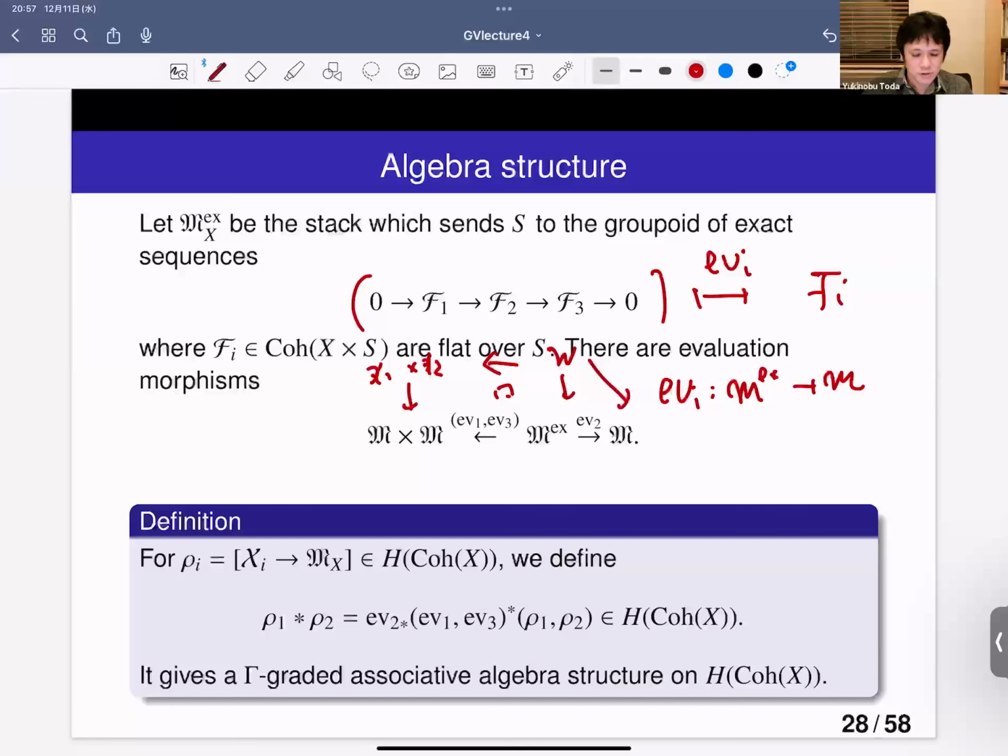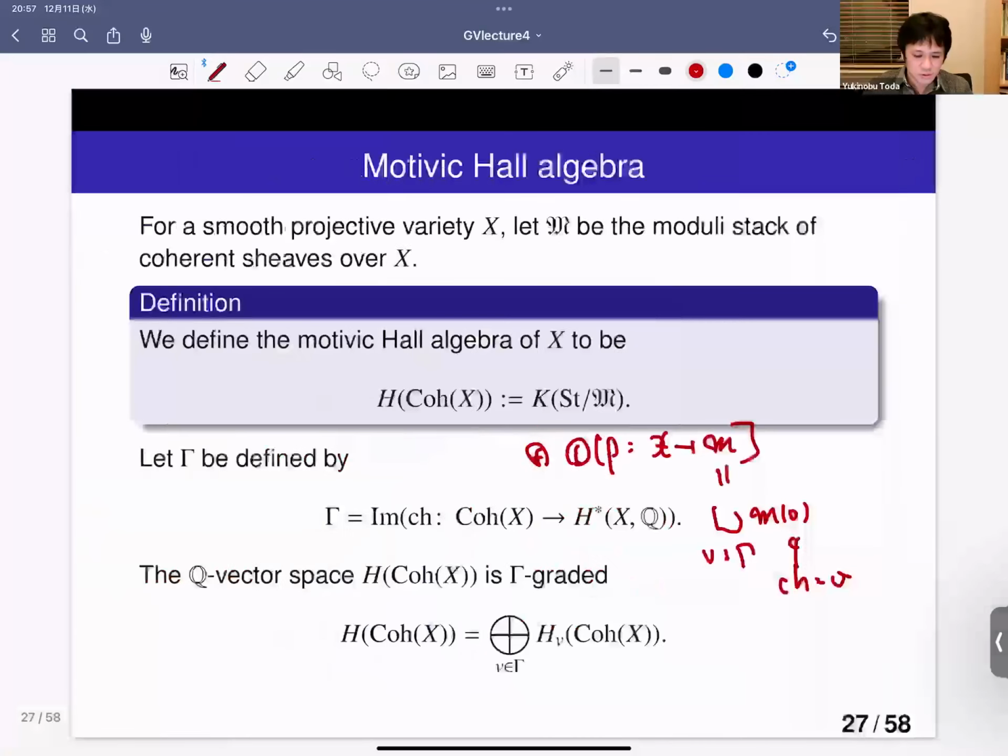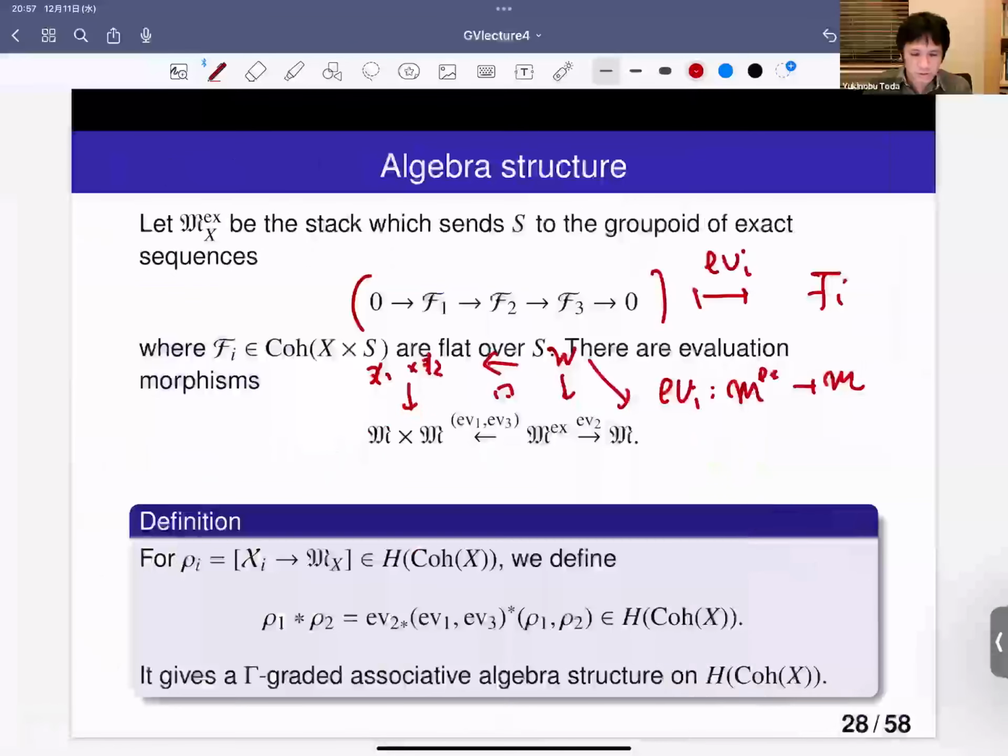So this map takes the fiber product and then composes with the second evaluation map. And in fact, this gives the associative algebra structure on this quadratic group of stacks over M_X. Yes. And this is called the motivic Hall algebra.